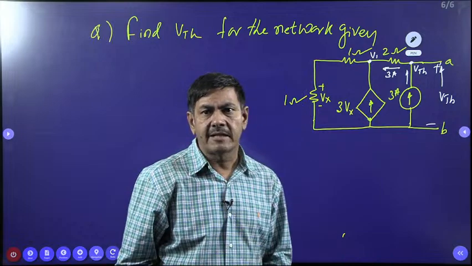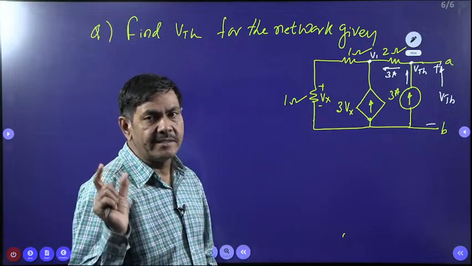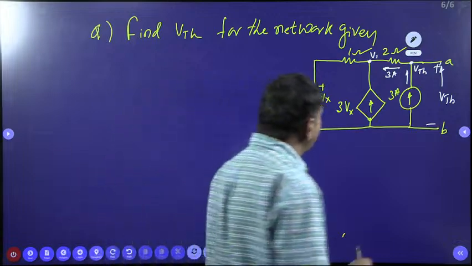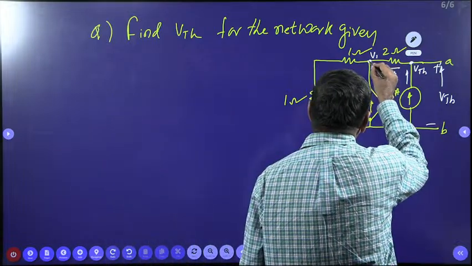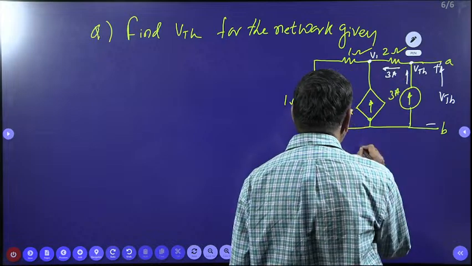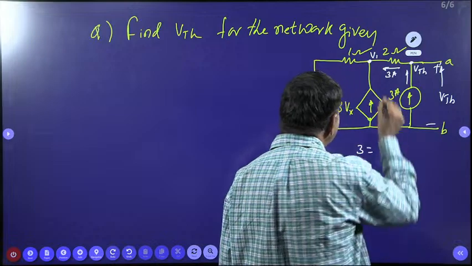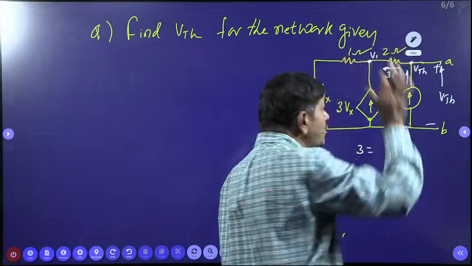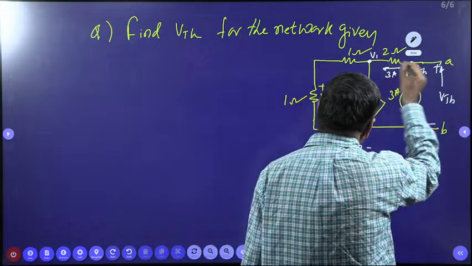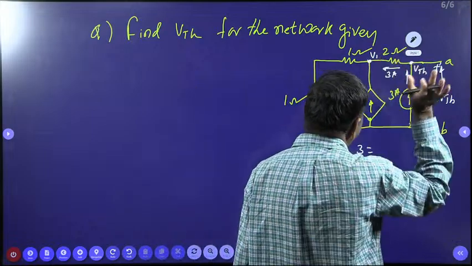How can I find VTH? A very simple way, just by applying Ohm's law you can get the answer. Once you know this V1 value, the current we know very well. 3 amperes is nothing but the current across 2 ohms, which is the difference of voltage divided by resistor.